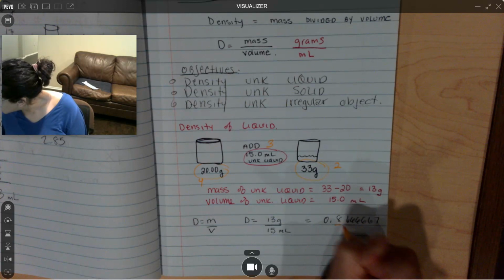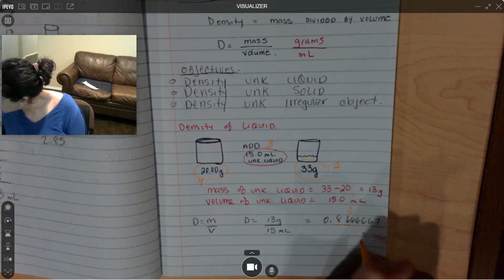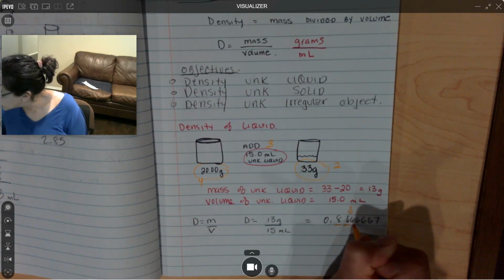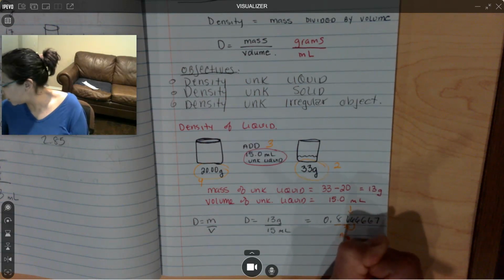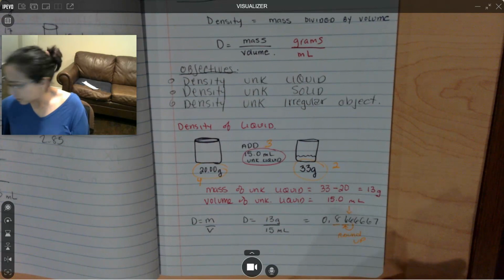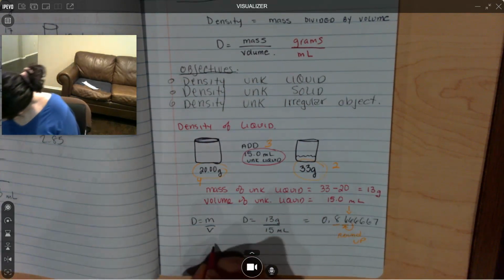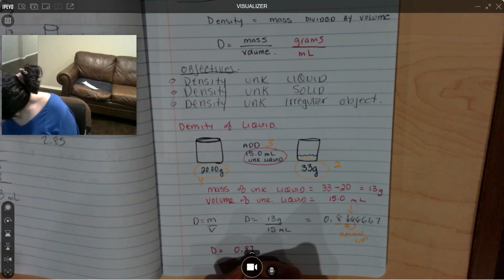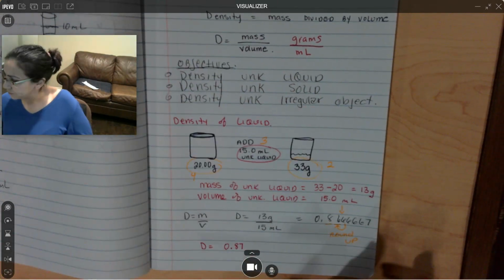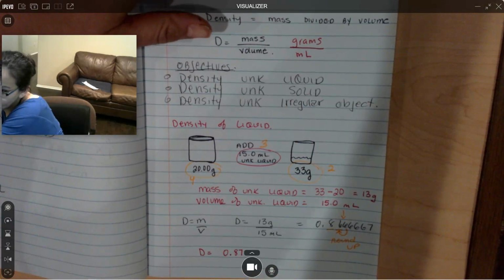So that's going to be 1, 2, right there. The number next to the 6 is a 6, so it's going to round up. Therefore, my final answer is 0.87. And you have to write down the unit.